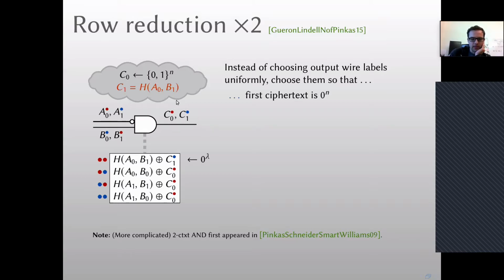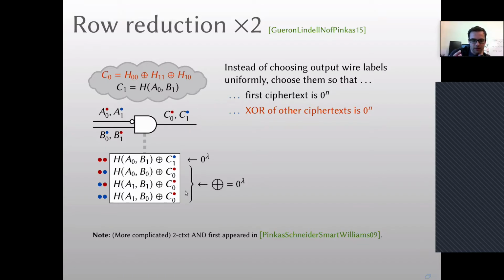Choose them to make the first ciphertext all zeros. So we do that here. That's the same as before. Now there's a new trick. I can choose one of the labels to make the first ciphertext all zeros, and I can choose the other output wire label so that the XOR of the other 3 ciphertexts is all zeros.